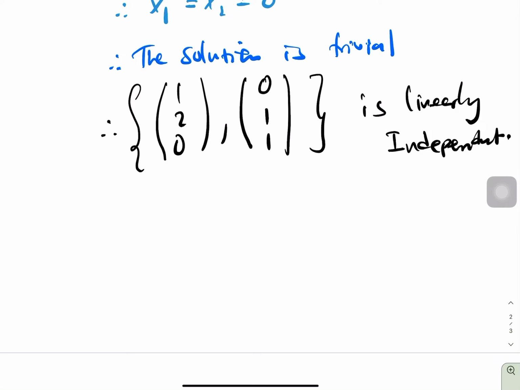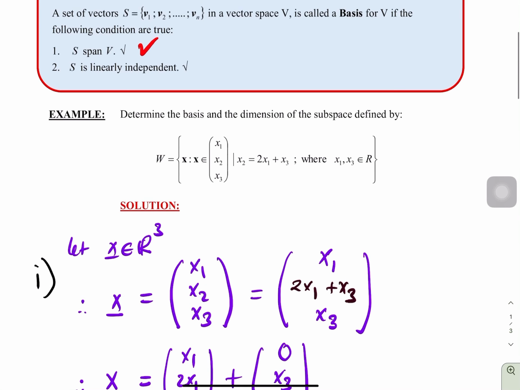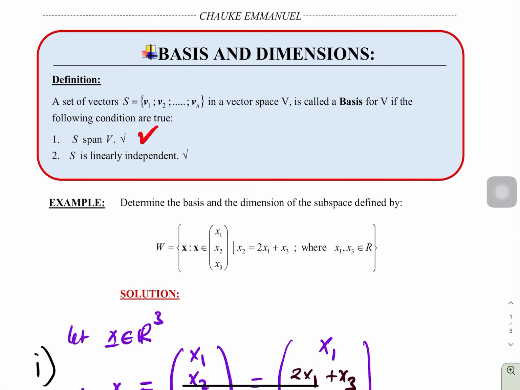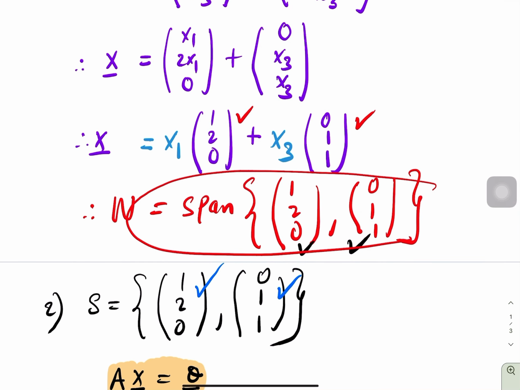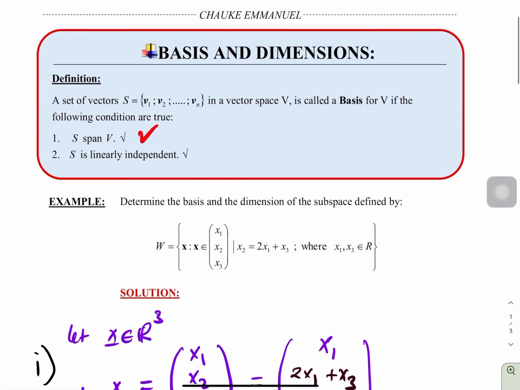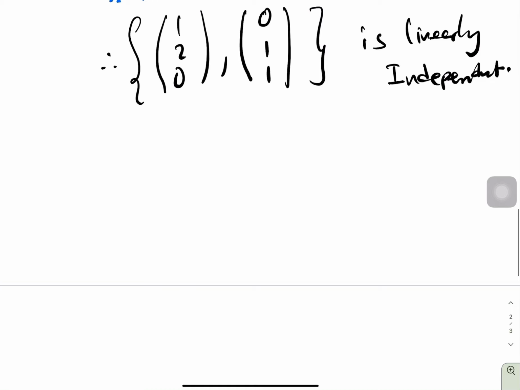All right. So what you're going to do is say to yourself, if the set spans V, which are basically these vectors that you saw being spanned there, and then you also need to check linear independence. So you can see that the two conditions are satisfied. That means those vectors form the basis.